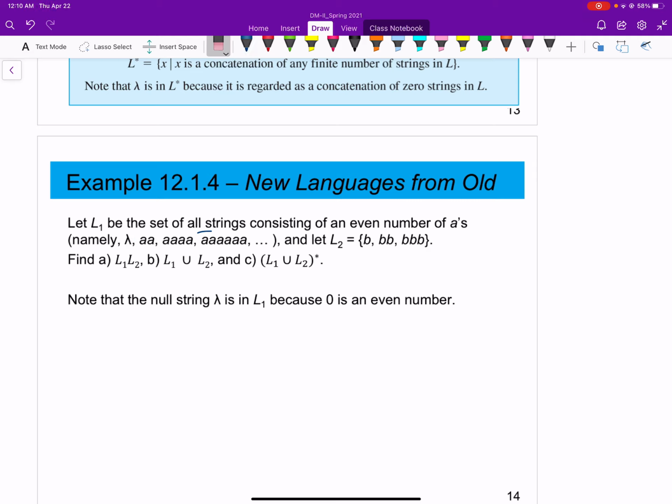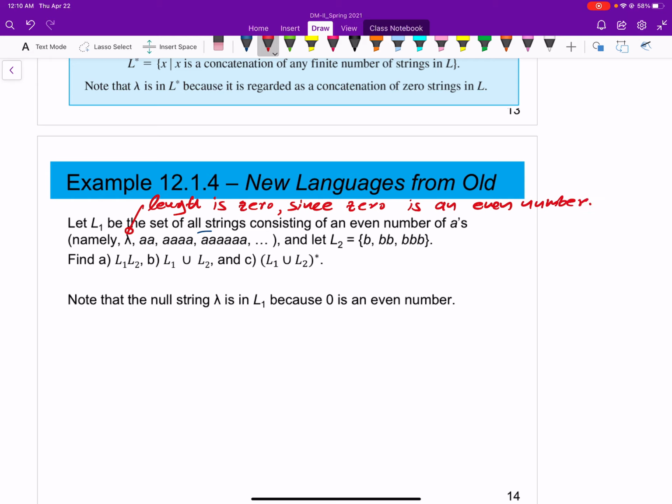What I want to tell is the length is 0, since 0 is an even number.